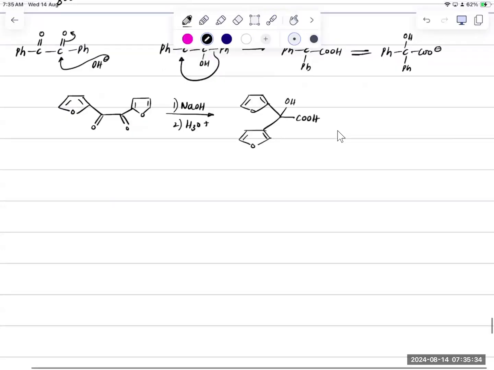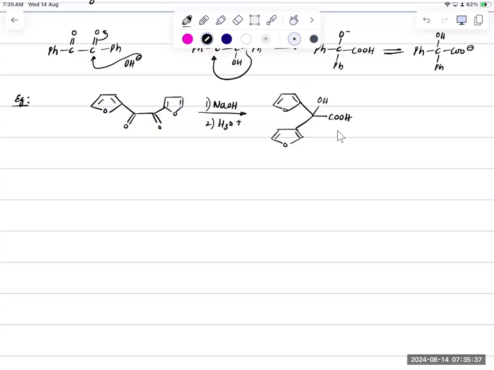Next, another example you will see is this one. Suppose we have two benzene rings connected like this, and we have double bond O and double bond O here. And then again, if I treat with NaOH followed by H3O plus, this time you would notice that this entire group will start shifting.